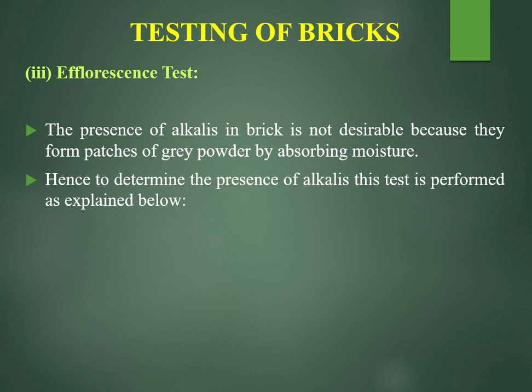Efflorescence is generally characterized by white powder patches on the surface of the brickwork, which are brought to the surface by water and deposited by evaporation. The salts may come from salt water in contact with the brickwork, from the mortar in the masonry joints, or from the salts within the brick earth. So one has to be careful with this efflorescence property, and the presence of alkalis is absolutely not desirable.